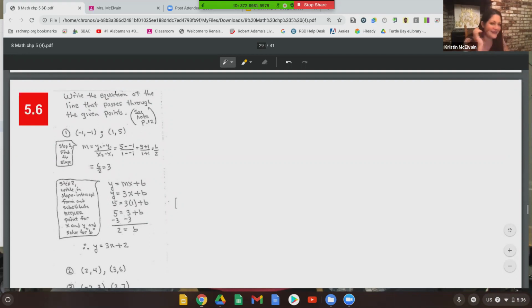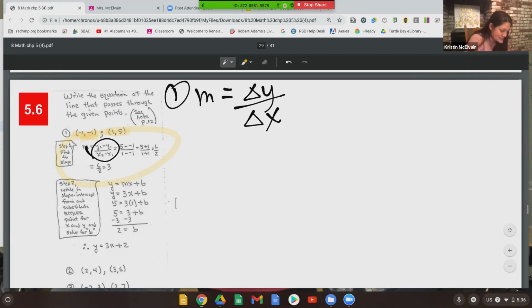So for number 1, yes, you have to write it down. We're given negative 1, 1 and 1, 5. First thing that we're doing is we're finding the slope. Our slope is the change in y over the change in x, which is y2 minus y1 over x2 minus x1.